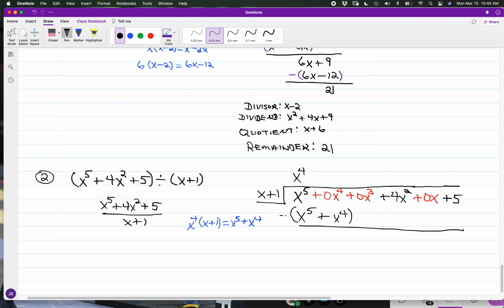And taking what we have in subtraction, so x to the 5th will go out. Then we've got a minus x to the 4th. And we can bring down the rest of the terms. Next in line, x will go into the negative of x to the 4th. So this will be minus x cubed times. And distributing negative x cubed over x, so I have negative x to the 4th. Negative x cubed over 1 is going to be a minus x cubed.